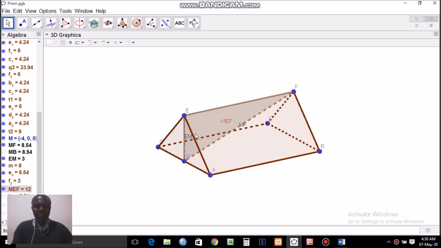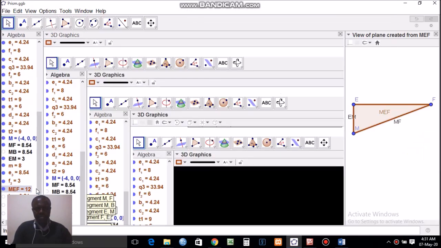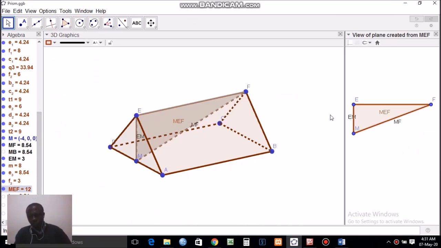I have said we first of all need to identify both lines MF and EF. Then next we identify the plane figure in which MF and EF lie. It is triangle MFE. So that means we will extract triangle MFE and draw it separately. And when we do that, we get this. So this is the triangle MFE, which contains both MF and EF.